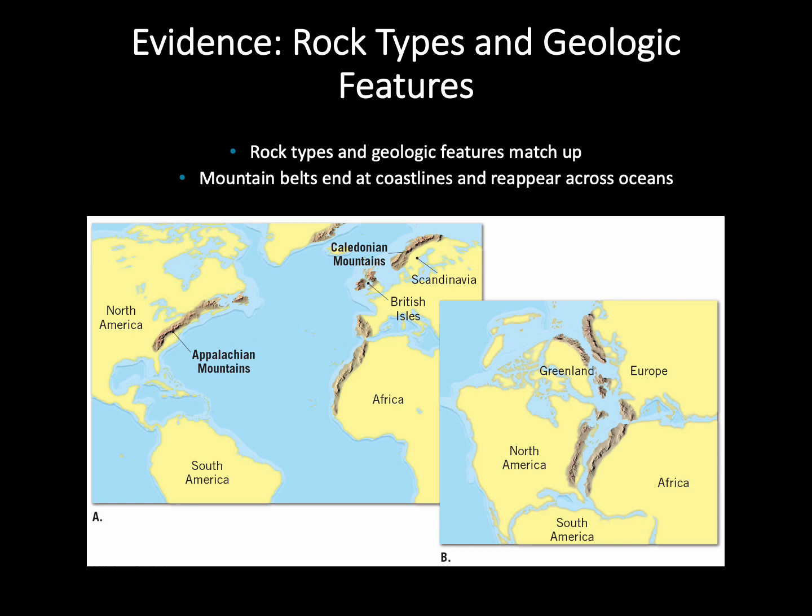If you could move North America and Africa together so that they fit, that mountain range lines up nearly perfectly between them. So now we have 4 pieces of evidence that Wegener had. He had the shapes of the continents, the fossil evidence, now the rock types against continents, and mountain ranges between continents.